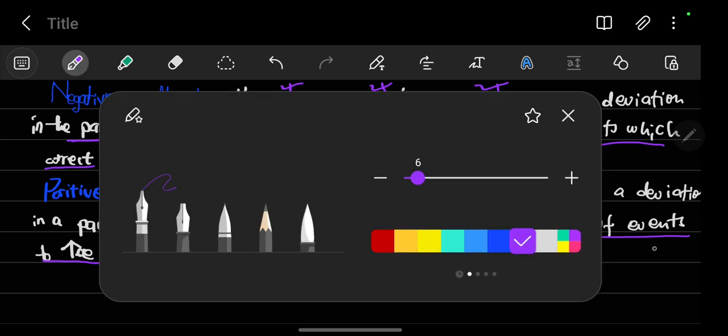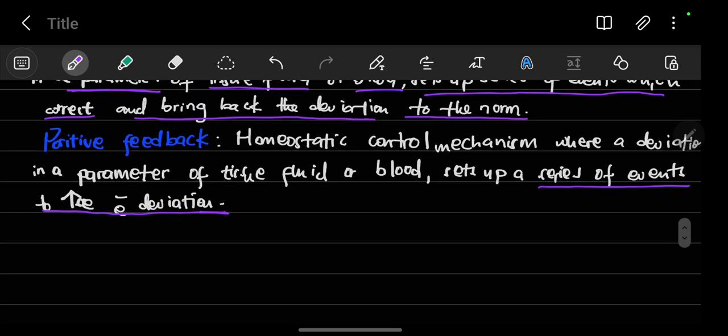So we have some examples we shall look into. Our examples of these feedback mechanisms, especially this positive feedback mechanism, is a basis of oxytocin release during childbirth.